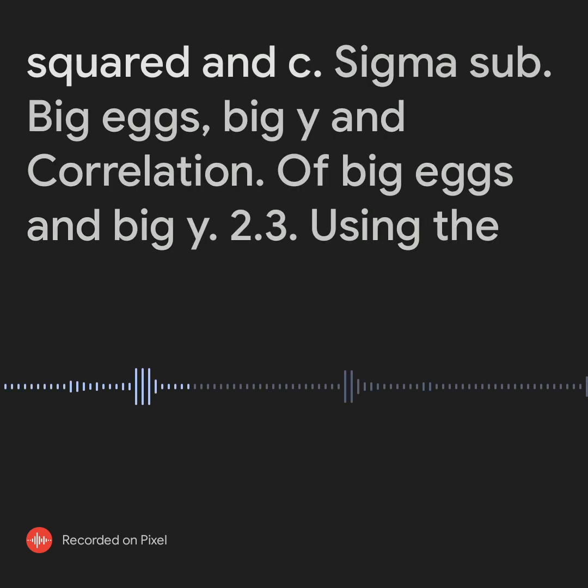And C, sigma sub big X big Y and the correlation of big X and big Y.